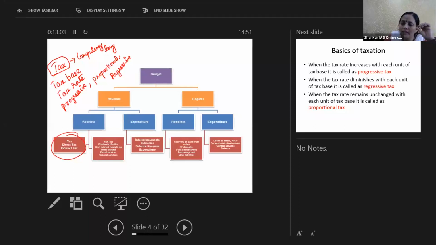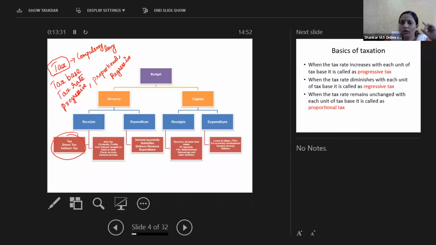In that case, the 30% is going to remain the same, whatever may be the level of the income, right? Even if the profit level is going on increasing, the tax rate remains the same, meaning the 30% remains the same. That will be called proportional taxation.